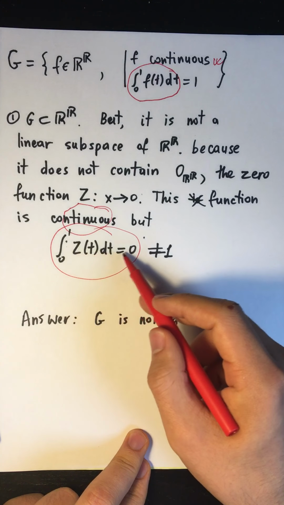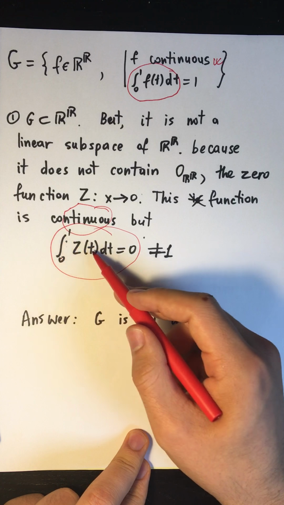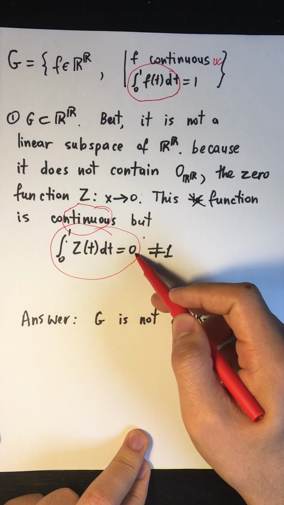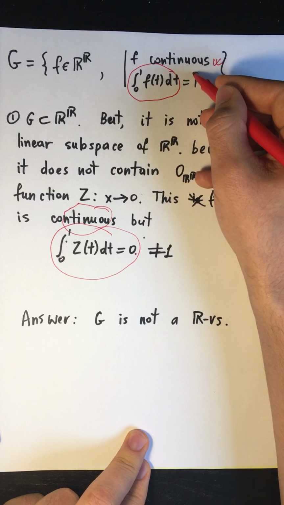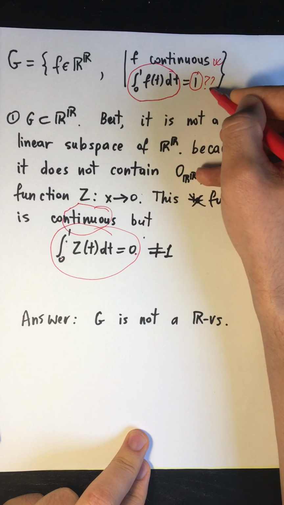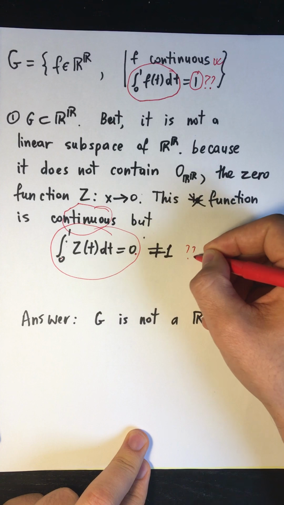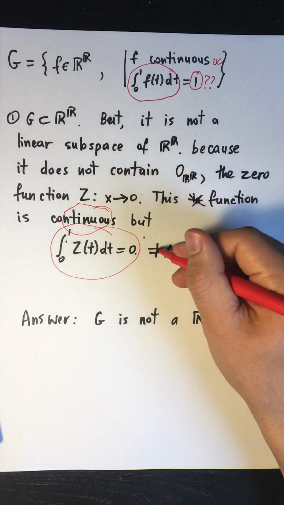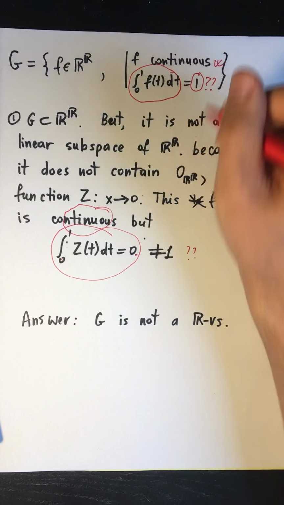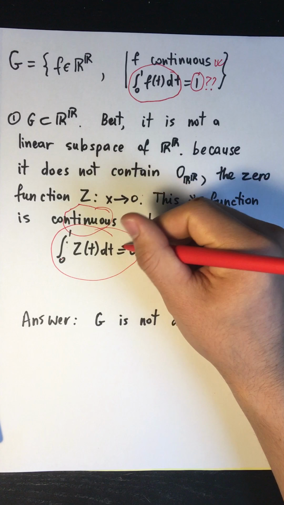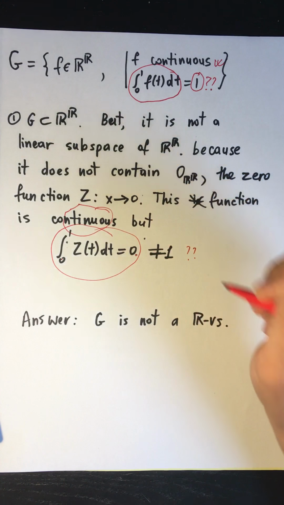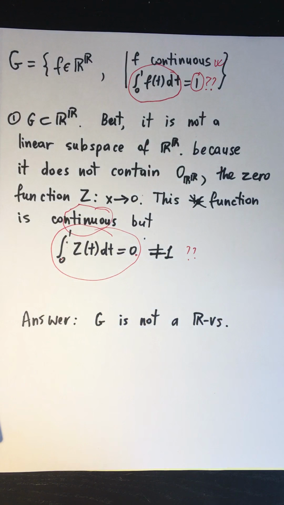But the integral from 0 to 1 of z(t) dt is equal to 0, while the condition says it must equal 1. That's where the test fails. There is a contradiction, so G is not an RVS.